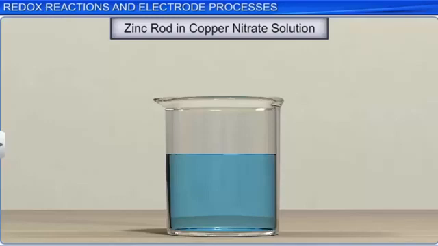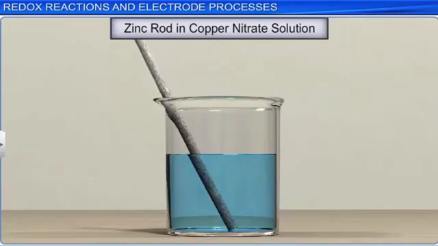Let's revisit a redox reaction that we've seen. Here, we place a zinc rod in copper nitrate solution. After a while, the color of the solution becomes pale blue, and finally, it becomes colorless. The zinc rod, on the other hand, gets coated with reddish metallic copper.